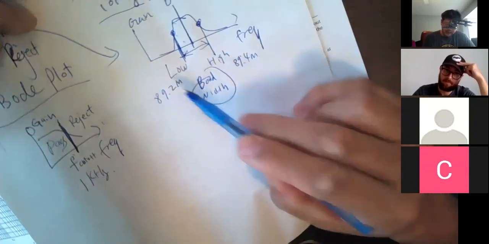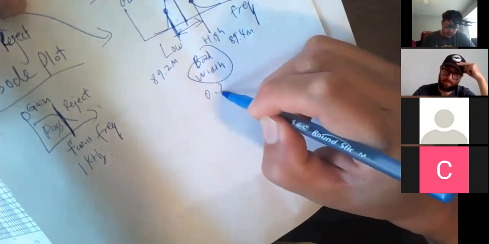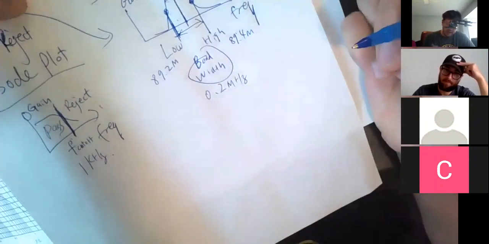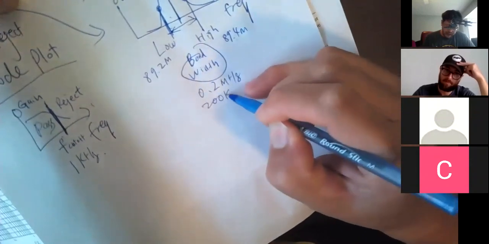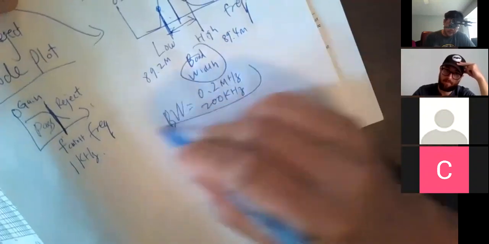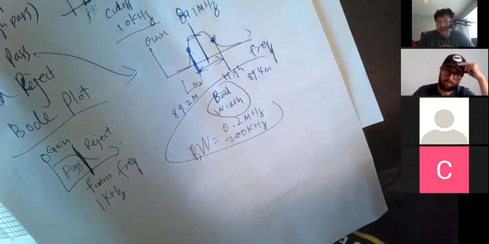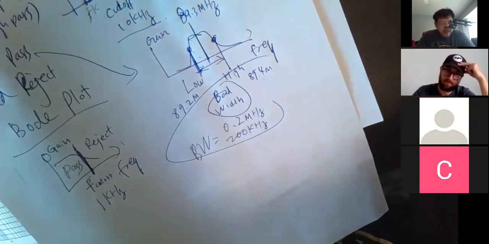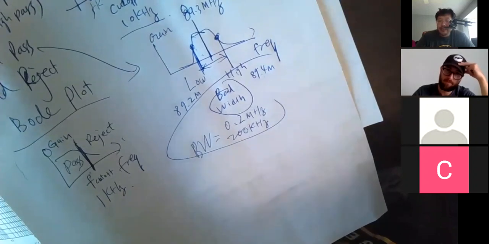High cutoff minus low cutoff, bandwidth is 0.2 megahertz. Usually we don't use 0.2, we just use 200k hertz. So that is the bandwidth of this radio station. All FM radio stations have a bandwidth of 200,000 hertz.